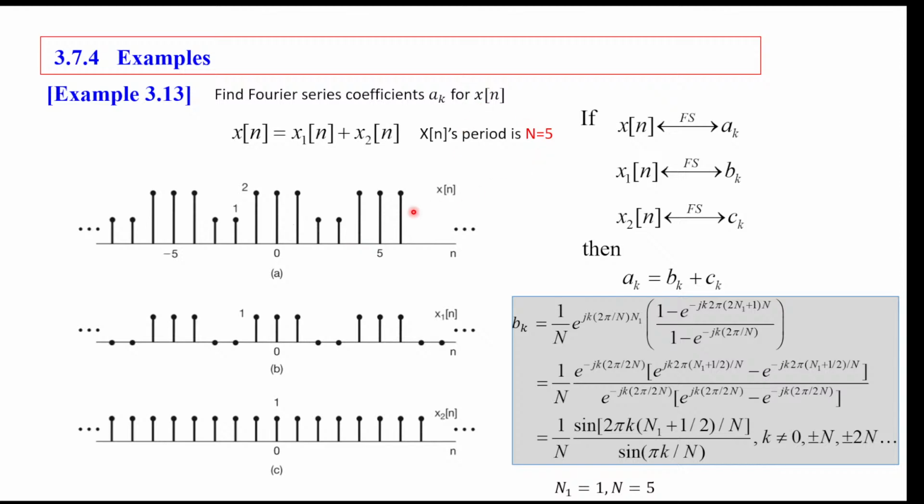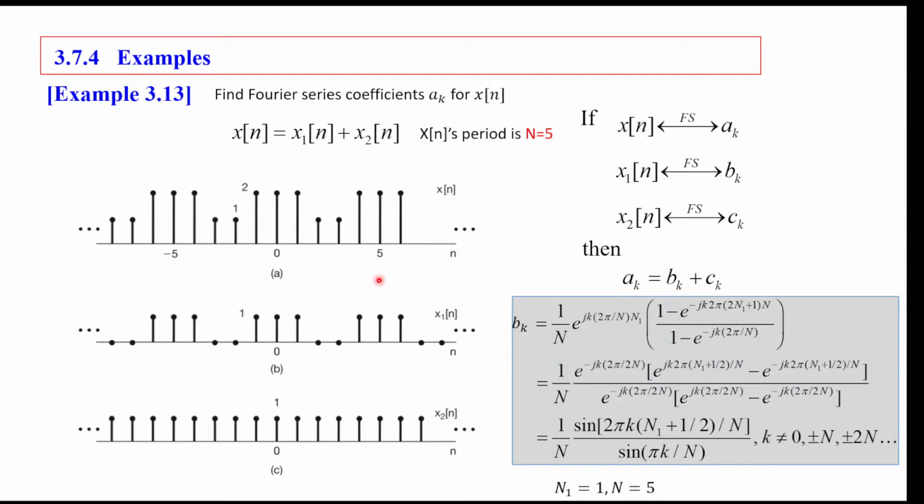So the big period for those signals is 5. Basically we have x of n with Fourier series coefficient ak, x1 of n with Fourier series coefficient bk, and x2 of n with Fourier series coefficient ck. Then we only need to find the bk and the ck, then we find ak.